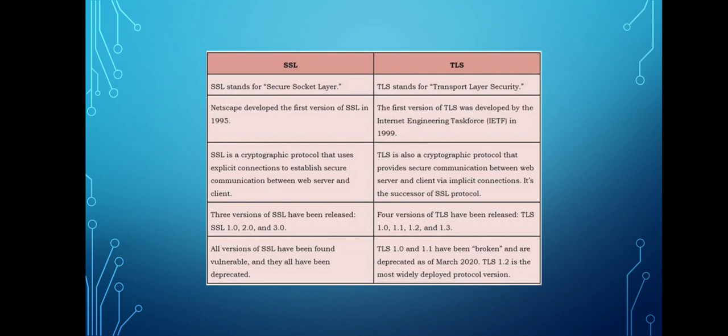SSL has been developed in 1995, and TLS has been developed in 1999. SSL is not that secure if compared with TLS. It is a cryptographic protocol which uses explicit connection to establish secure communication between web server and client. TLS is nothing but a successor of the SSL protocol.